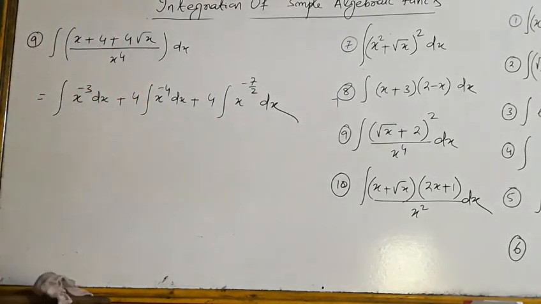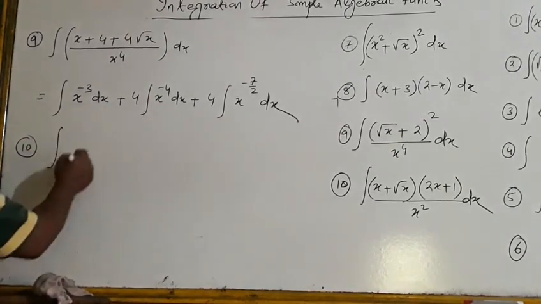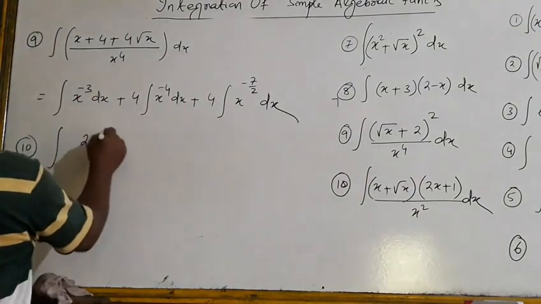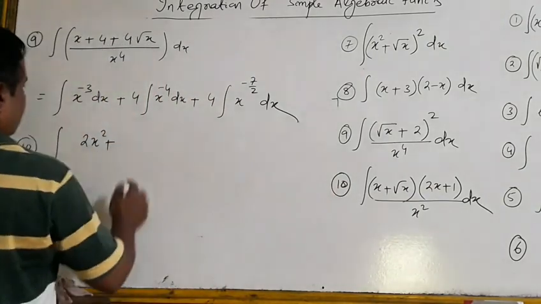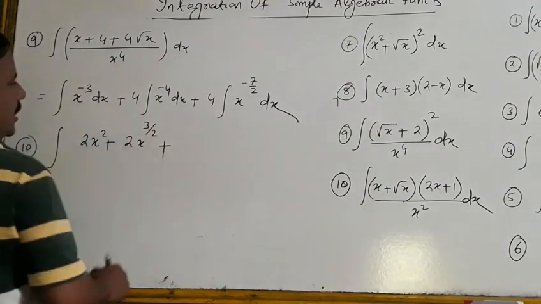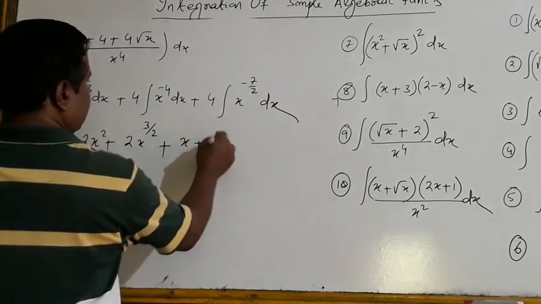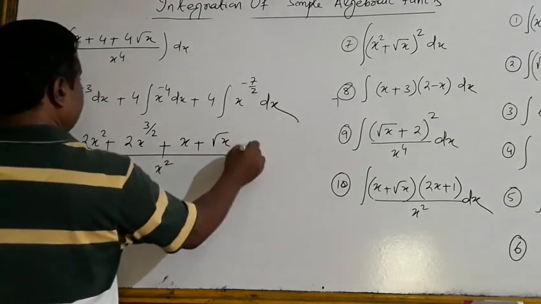Number 9. Number 10. Now in number 10, just multiply it. It becomes x into 2x, it is 2x². 2x into root x is 2x to the power 3 by 2, plus 1 into x, that is x, root x into 1, that is root x, by x² dx.